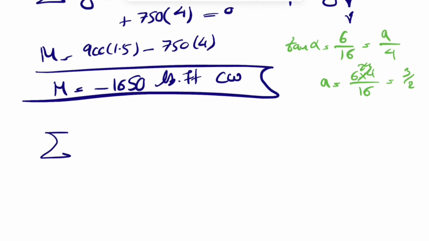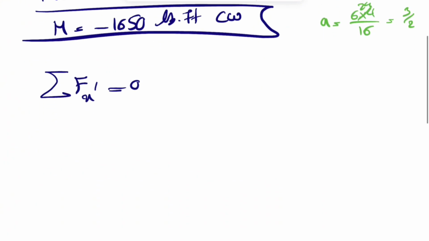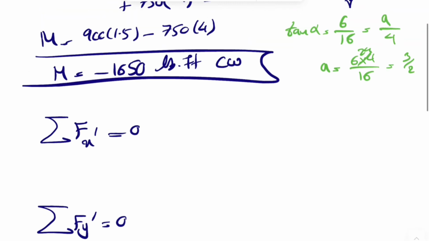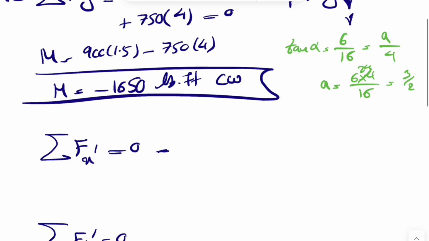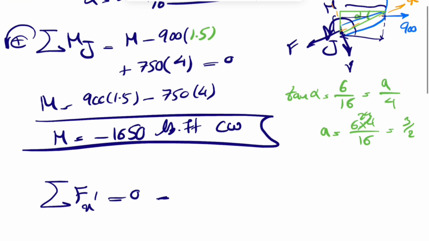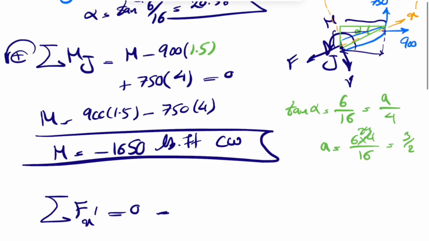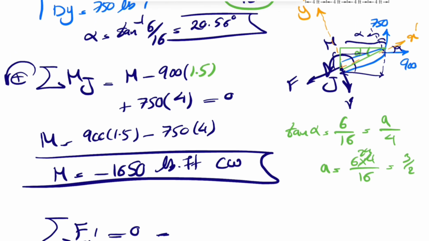Now we can do the sum of all forces in x prime equals 0, and the same for y prime. In the x direction, we have the 900, but with the angle that we had, alpha, here we have alpha 2. If we look at this one, this angle here is also alpha. So we just have to resolve those into x prime and y prime components.